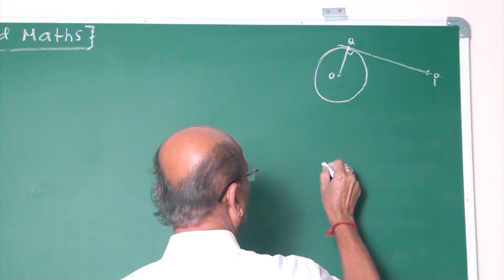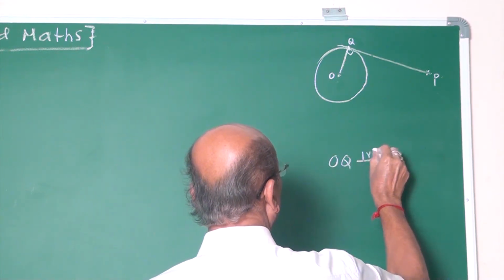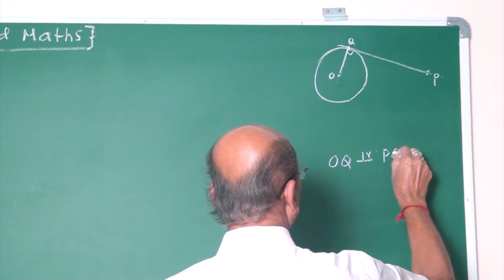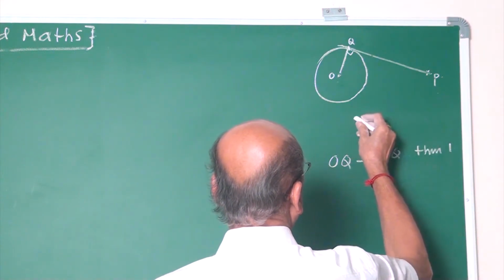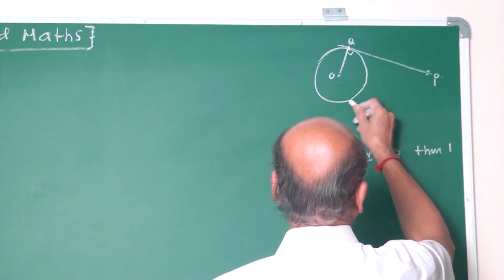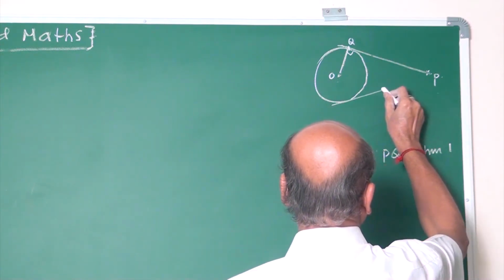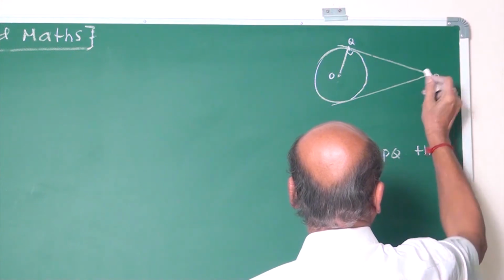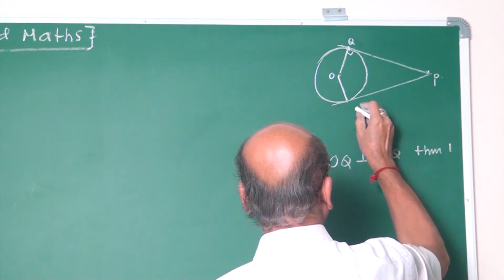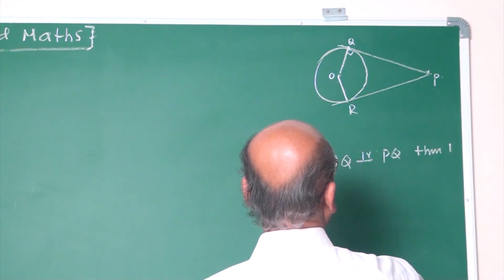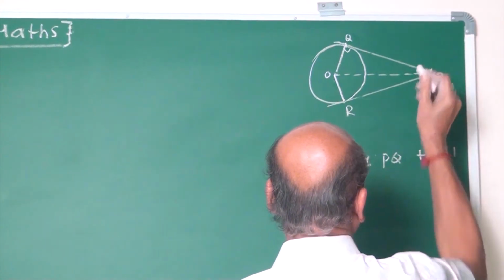First, theorem number 1: OQ is perpendicular to PQ. Then there is a second tangent from P. Here it is, and this point is R. This is OP.